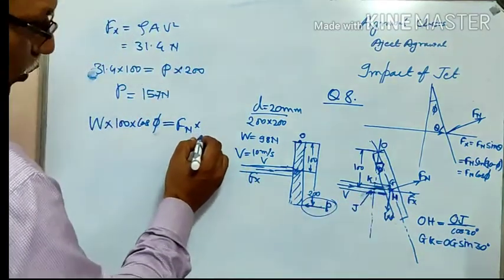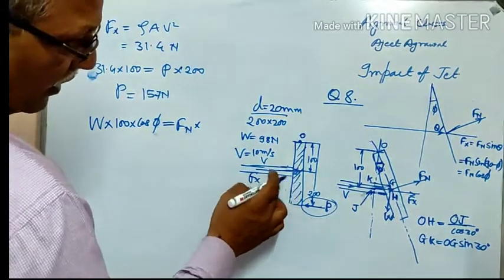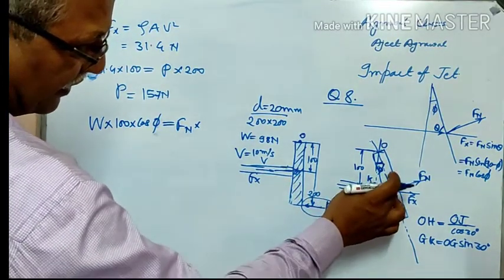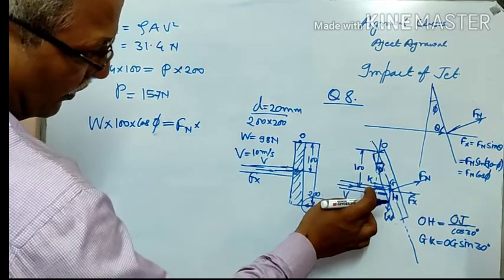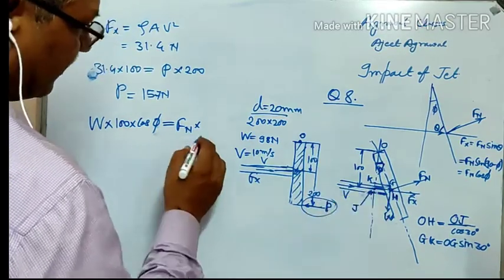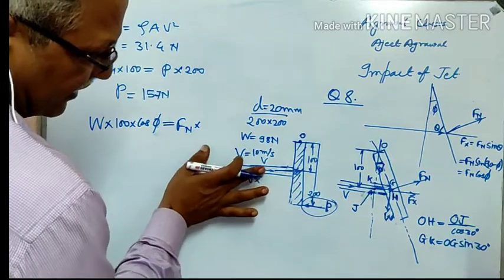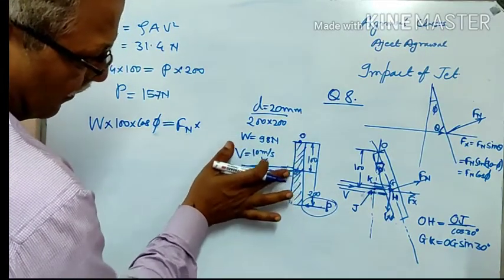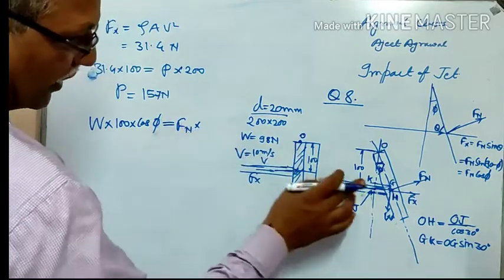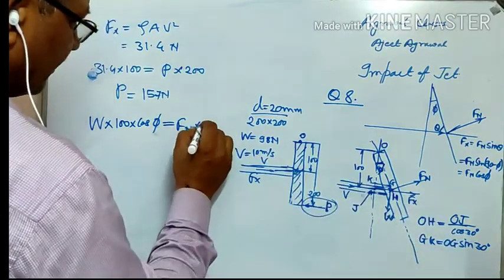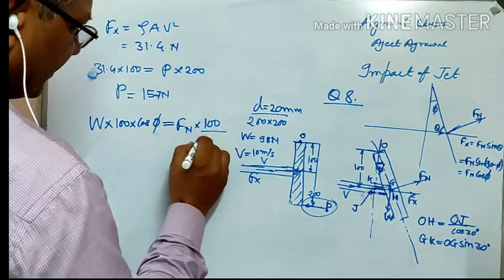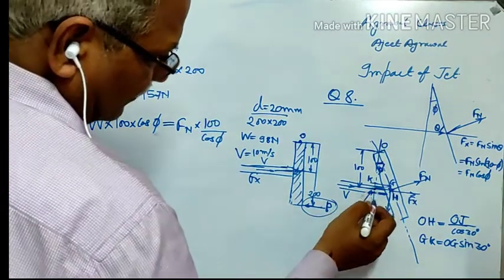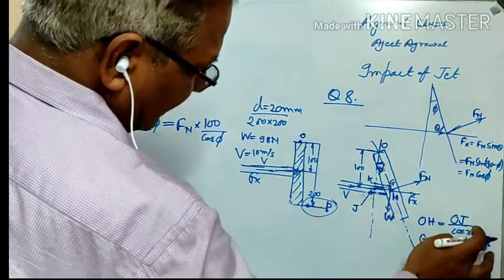When this plate was vertical, the distance was 100 millimeter, because the jet is striking at the center of the plate, 100 millimeter from the hinge. So it is 100 divided by cos of phi; this angle is not 30, it is phi.